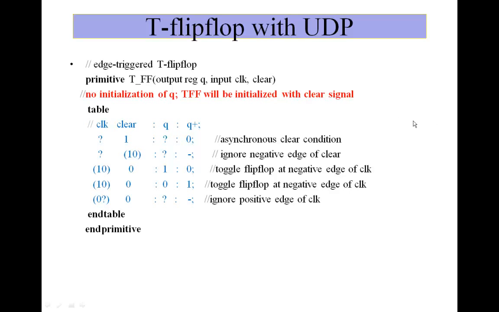If clear is 1, then the output will be made 0. It does not necessarily have to synchronize with the clock. There may not be a negative edge transition, but clear is 1, and still Q is made 0. So that is asynchronous clear.